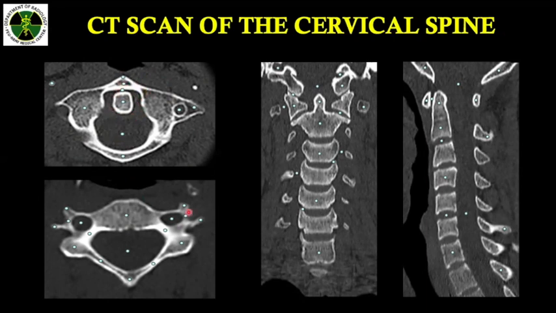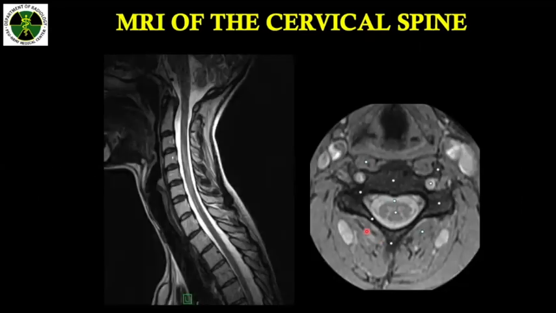And this is C2 with the dens. So this is C3, C4, C5. Here, as you can see, it is the biggest because of the dens again. So this is C2, C3, C4, C5, C6, and C7.